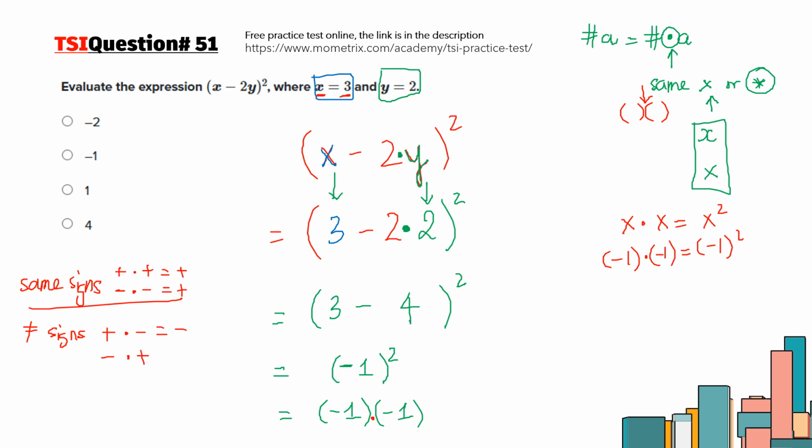Negative times positive makes negative as well. So same signs produce positive, different signs produce negative. So this one we have negative times negative, that is positive. 1 times 1 is 1. So we multiply sign to sign and number to number. 1 times 1 is 1.